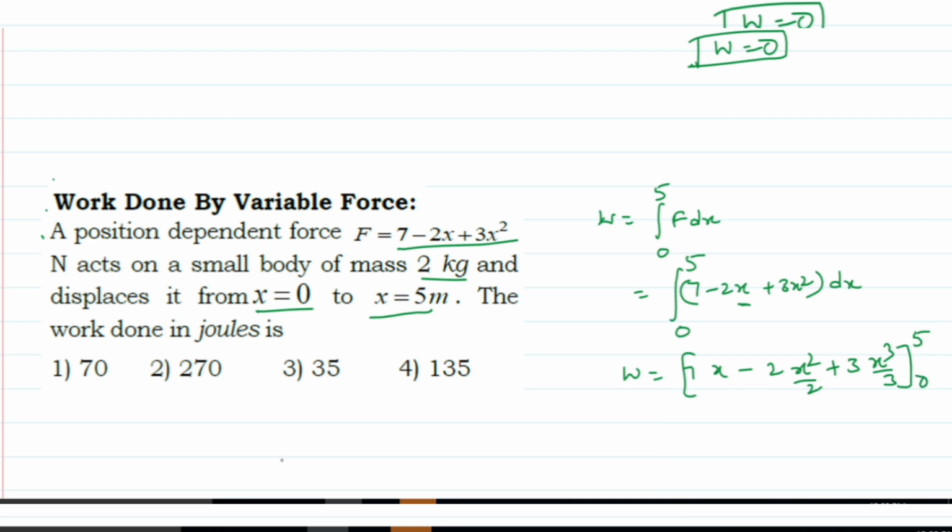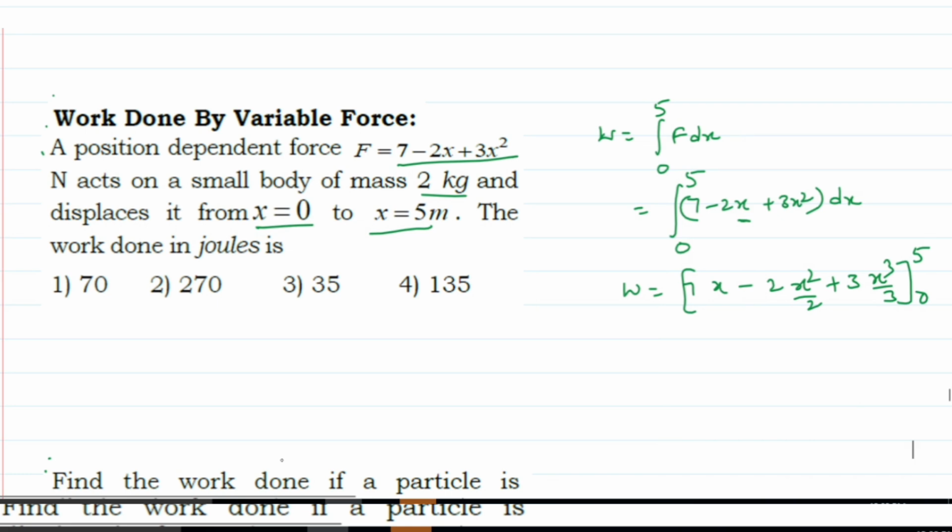Now when you substitute these values, the 2 gets cancelled, the 3 gets cancelled, and W equals 7 into 5 which is 35, minus 25, plus 125, which is equal to 135 joules.